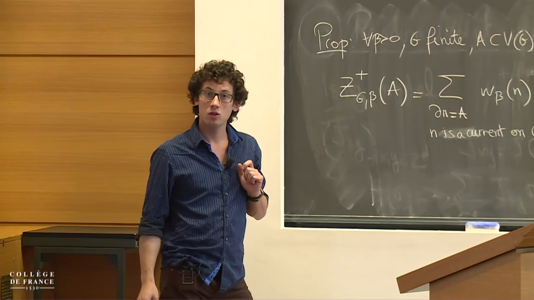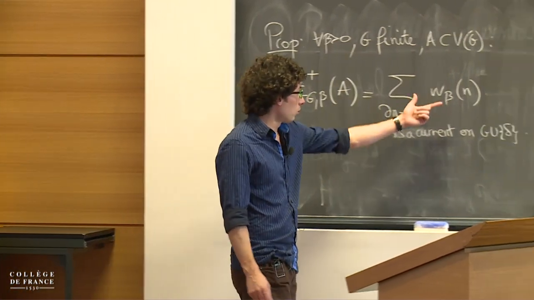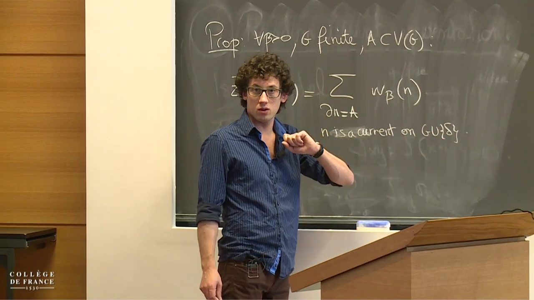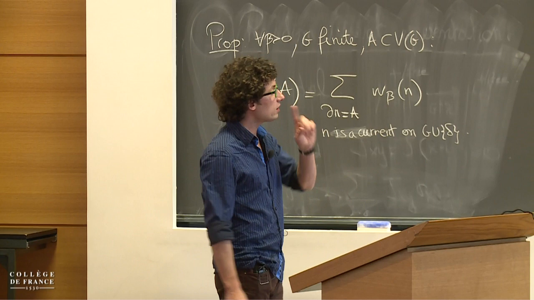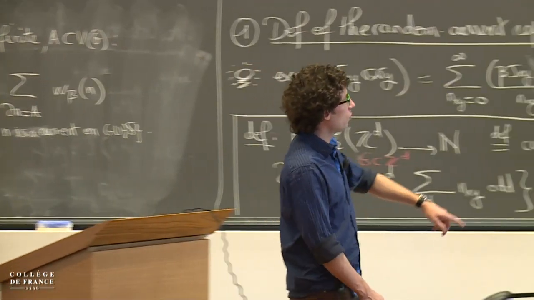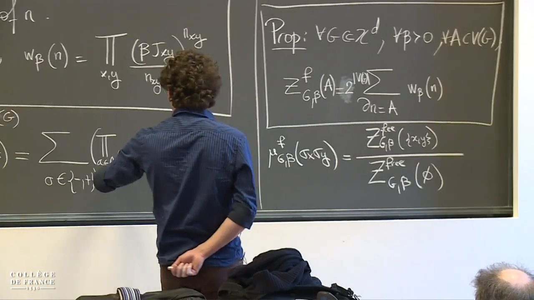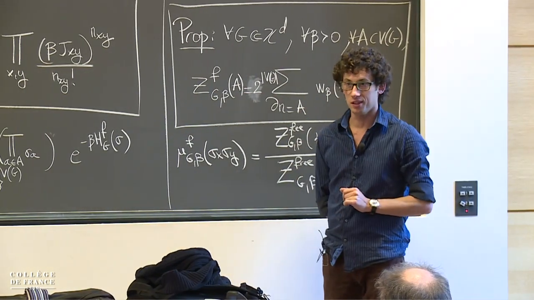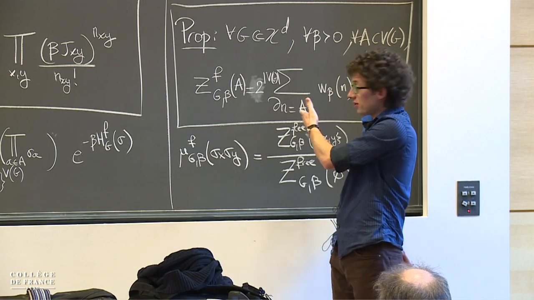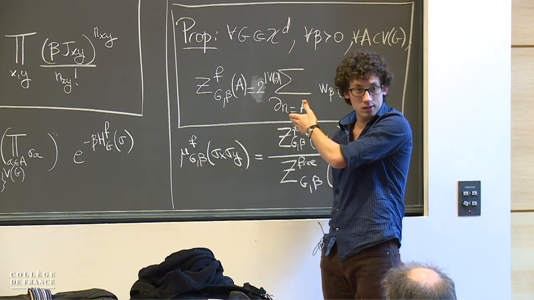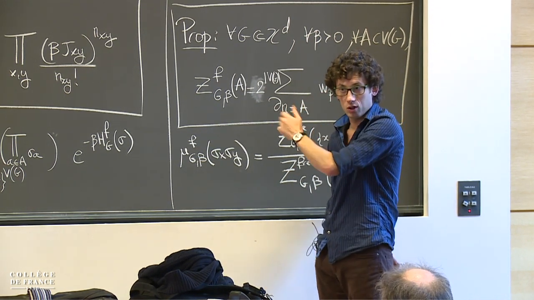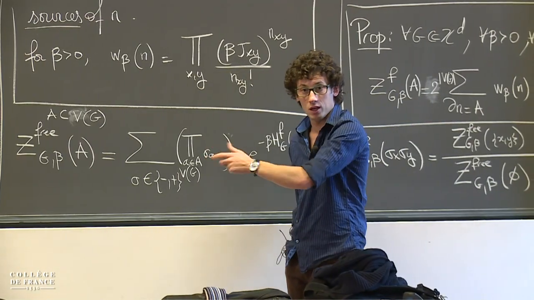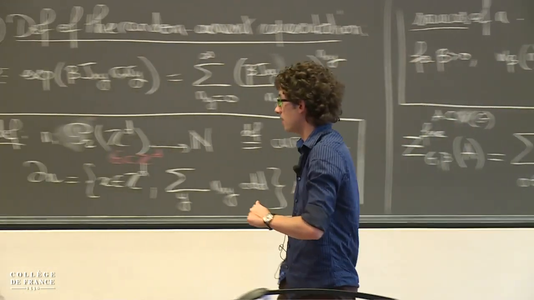Okay? So it's exactly the same. Compute the same quantity, it's the same sources, but this time on G union the ghost vertex. Notice one interesting thing. If you take A to be of odd cardinality, then you get 0 because there are no currents with an odd number of sources. And this is normal because you have a global plus-minus symmetry, so this thing would be 0.